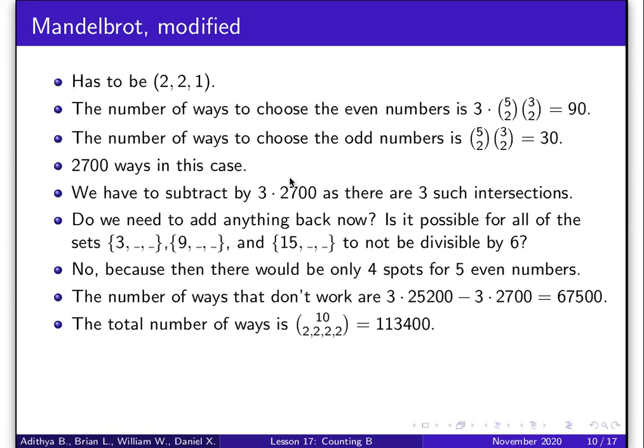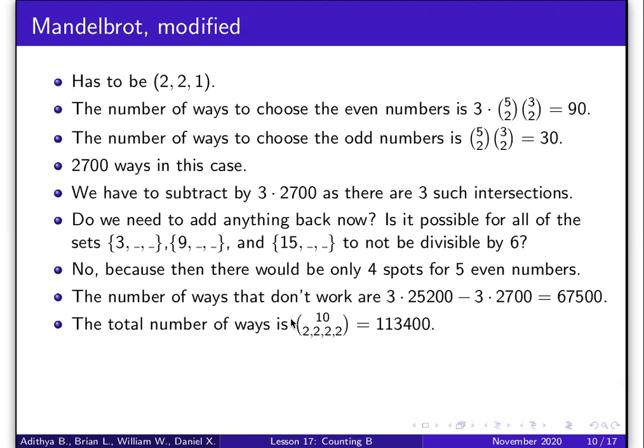So the number of ways to do this is 10 factorial ways to randomly order all of the 10 elements, but then since they are sets, we have to divide by 2 factorial 4 times. Actually, there should have been another 2 at the bottom here. We have to divide by 2 factorial 5 times because the order within each set does not matter.